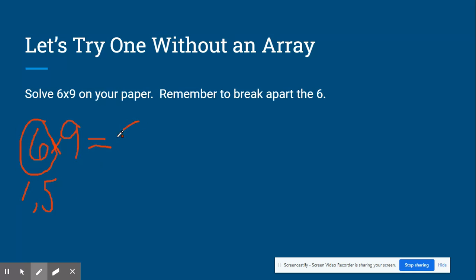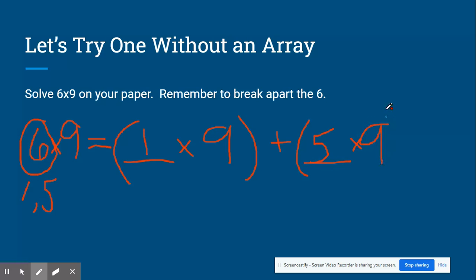So how you should have written this is 1 times 9, because remember, we are not breaking up that 9, plus 5 times 9. Now, boys and girls, because there is not an array with us, some of you may have written 5 times 9 and 1 times 9, and that is perfectly fine.